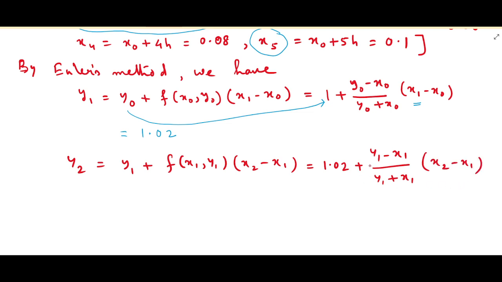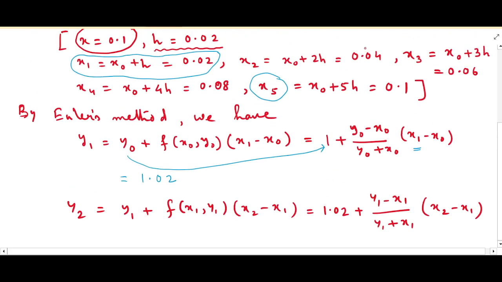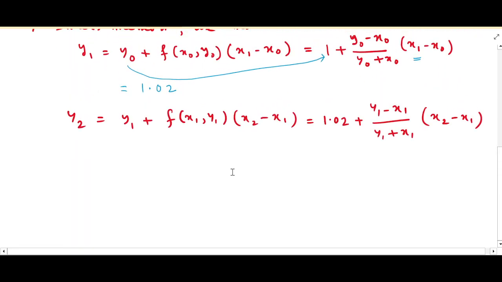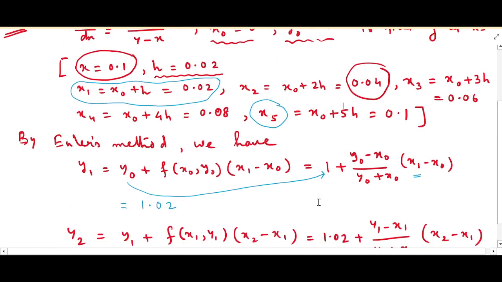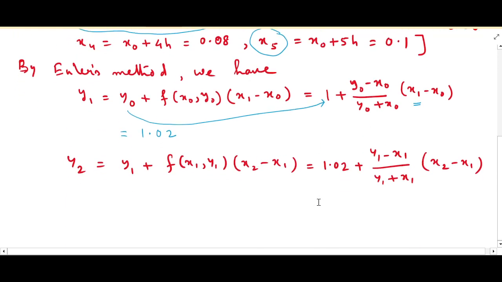Again y1 is 1.02, x1 is 0.02, and x2 is 0.04. If you put all these values and calculate, our y2 will be 1.0792.